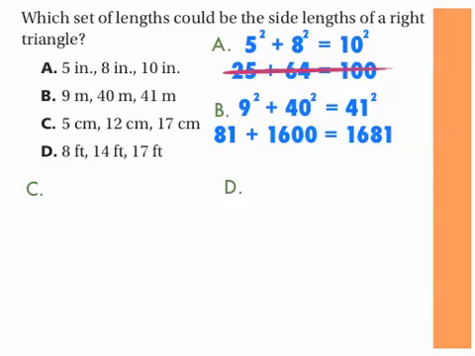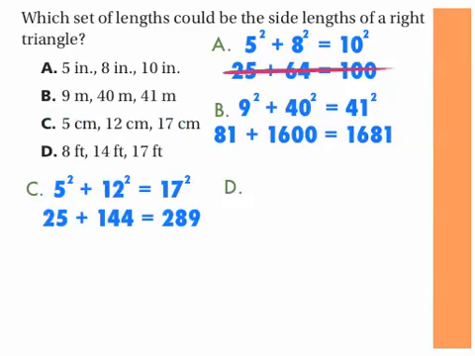Double check yourself. And something that I want to point out really quickly, as we start C, which would be 5 squared plus 12 squared equals 17 squared: if you were just adding the numbers and not using the Pythagorean theorem, then 5 plus 12 does equal 17. But when we apply the Pythagorean theorem, 5 squared plus 12 squared, 25 plus 144 does not equal 17 squared, 289.